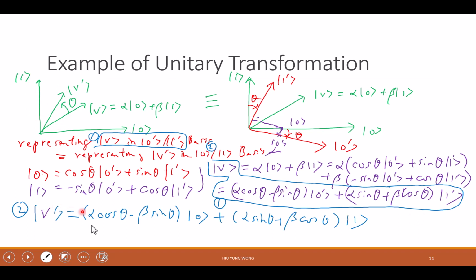That's why this V dash in the old system should be like this.